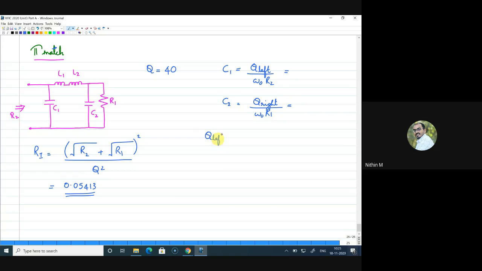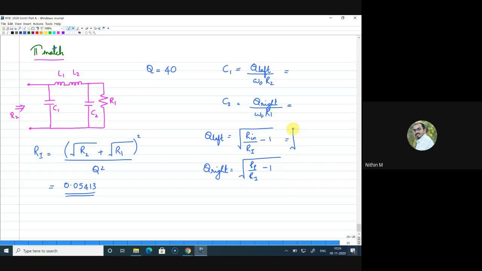Q left can be obtained with the help of the ratio resistance we wrote yesterday, under root of Rin by Ri, where Rin should be replaced suitably, and Q right is under root of Rp by Ri minus 1.